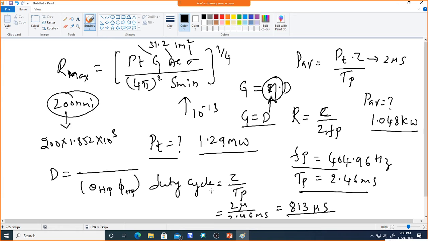Assuming both the half power beam widths are equal in both planes, we can take it as either theta square or phi square. I'll take it as theta square half power beam width, and this one is approximated, which is 41,000.